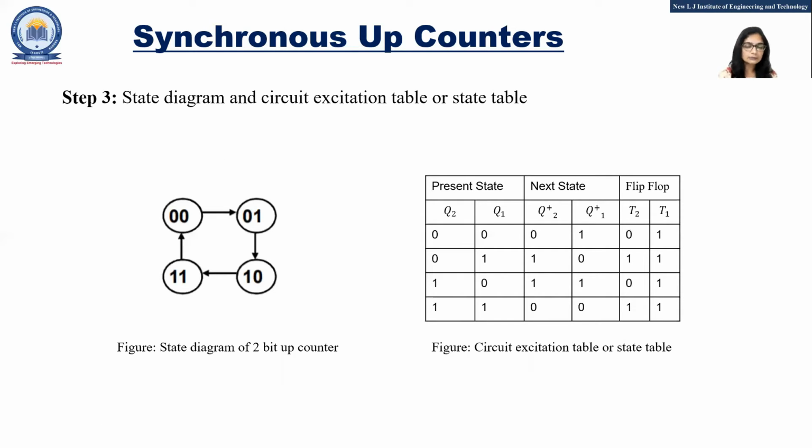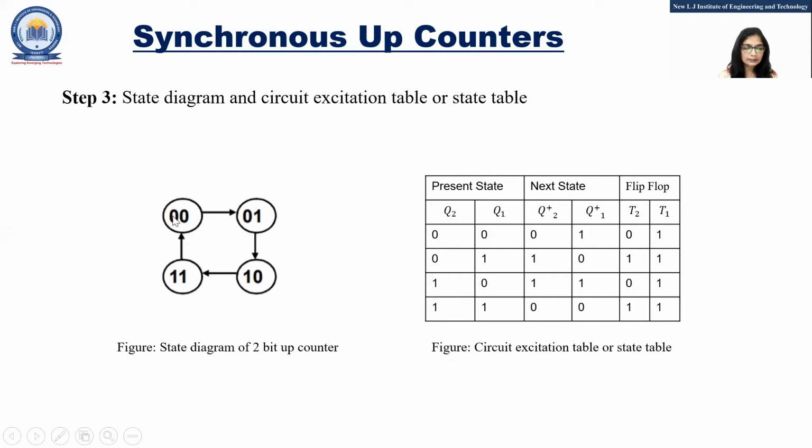Those are 0, 1, 2, 3, which means 00, 01, 10, 11. In decimal equivalent, 0, 1, 2, 3. So there are a total of 4 states because I am using 2 bits.